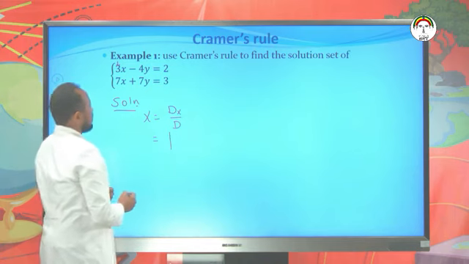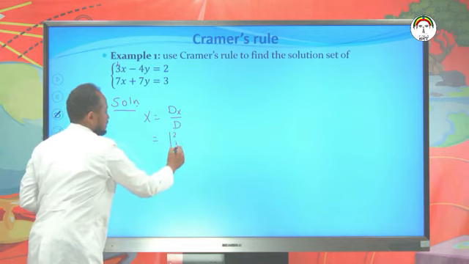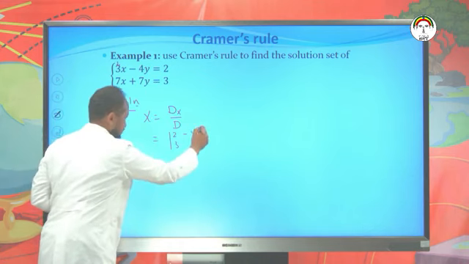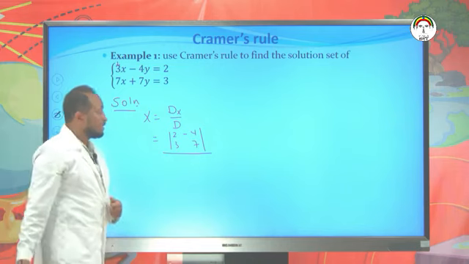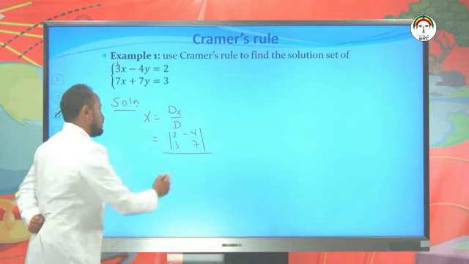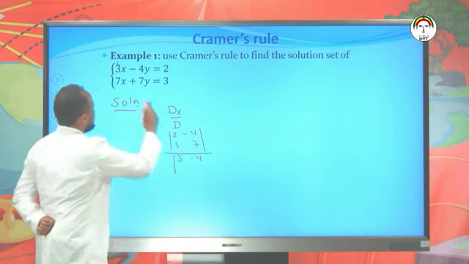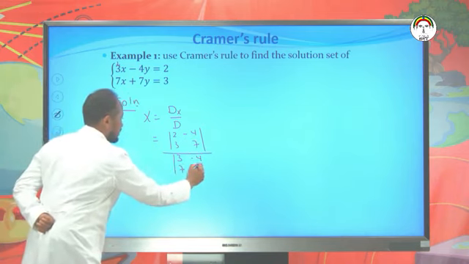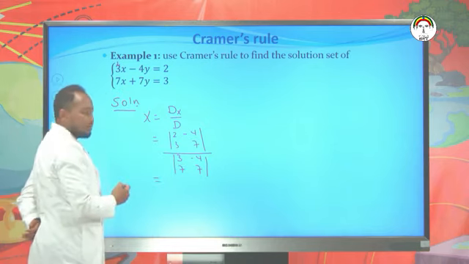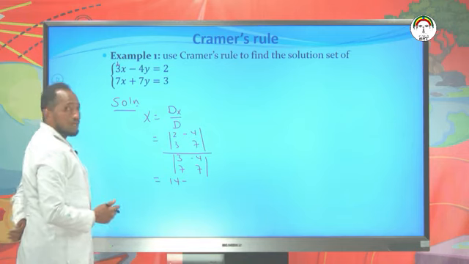Therefore, it is the determinant of this matrix where this part will be changed by 2, 3. Here 2, 3 and negative 4, 7, divided by the determinant of the coefficient matrix, which is 3, 7, negative 4, 7. So this equals 7 times 2, which is 14, minus 3 times negative 4, which is negative 12.